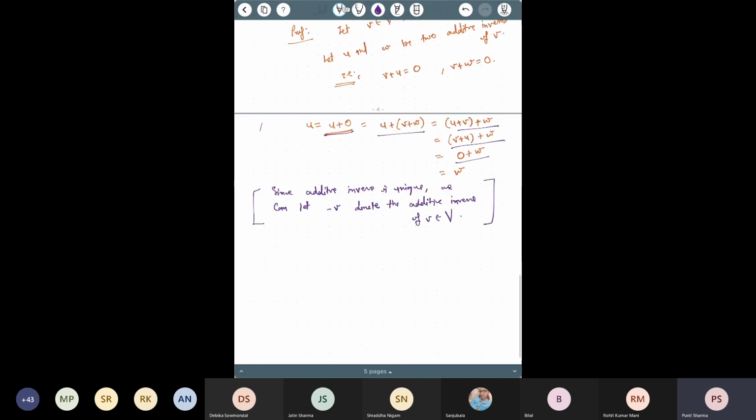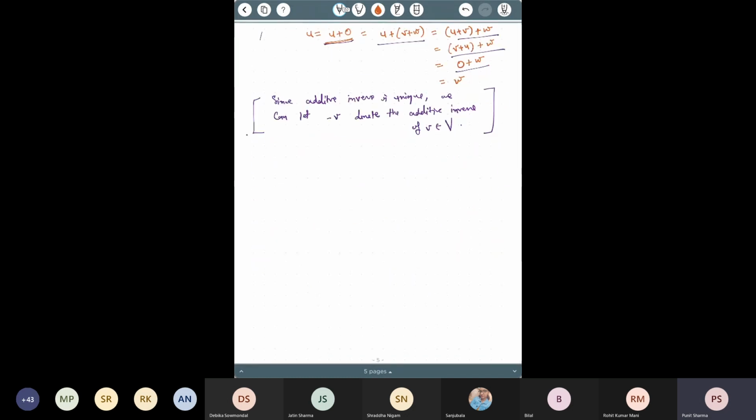Okay, so let's prove the next easy, simple property. If I multiply the 0 element of the field with any vector v, then it gives me the 0 of the vector space, the additive identity of the vector space.